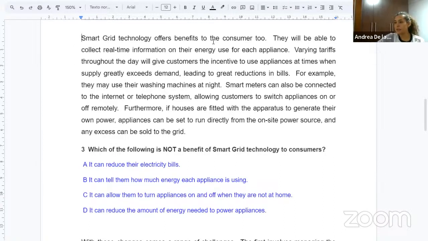So it says, it offers benefits to the consumer too. They will be able to collect real-time information on their energy use for each appliance. So that is the first benefit they give, right? They mentioned collecting real-time information on their energy use for each appliance. Do we have that option?